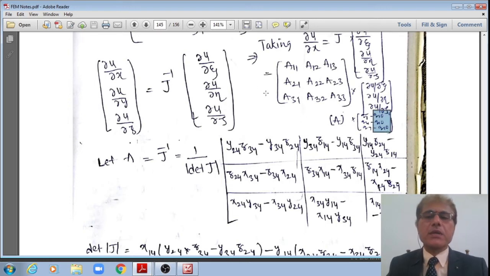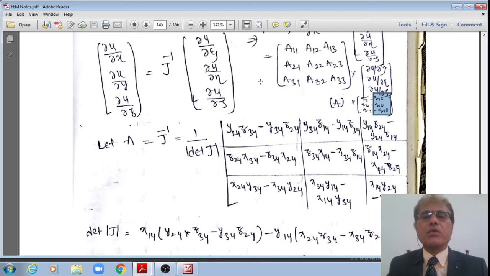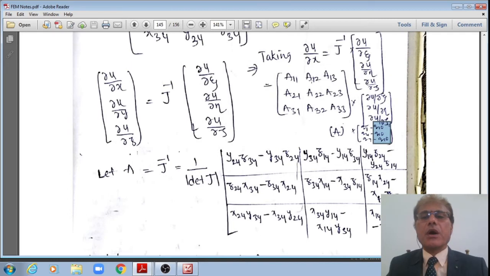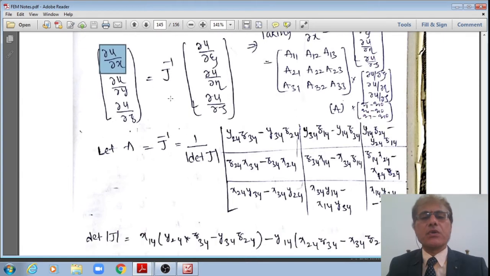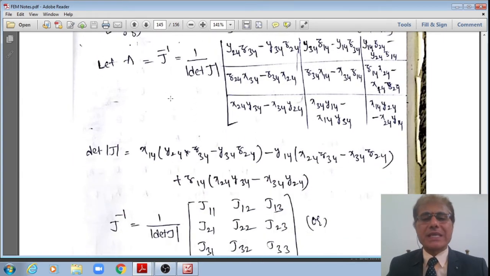Now these operate upon each of these, right? Now you just operate this first row on this column. Now I'll get a11 multiplied by q1 minus q10, a12 operated upon q4 minus q10, a13 operated upon q7 minus q10, equal to ∂u/∂x, that is the normal strain epsilon x.